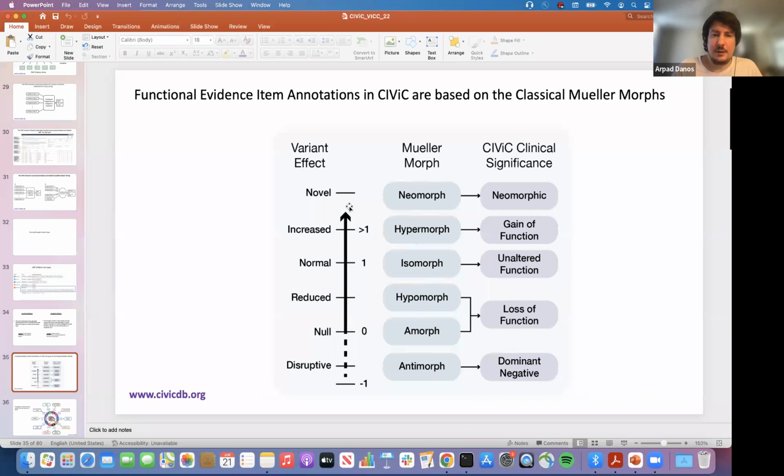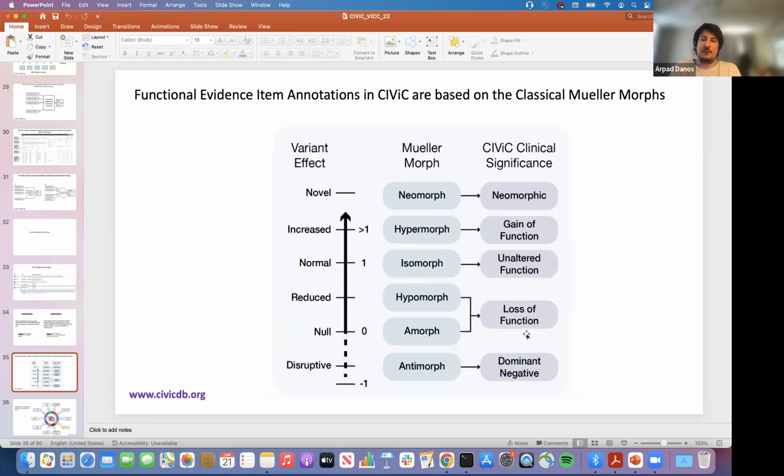You can think about it on this kind of quantitative scale, where a normal variant you associate with 1. That's a variant that's silent, creates unaltered function. We call gain of function here an increased function. If the variant increases function, you get a number bigger than 1. You can get a number between 1 and 0, like a reduced function.